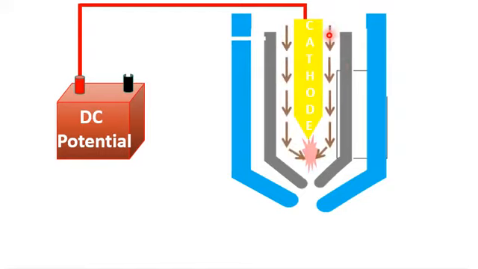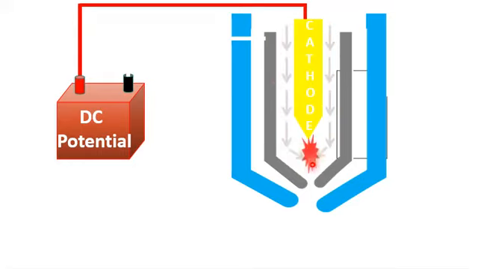The plasma is formed between the cathode and the anode, or between the cathode and the nozzle of the plasma arc igniting system. This plasma has a very high temperature as well as pressure.